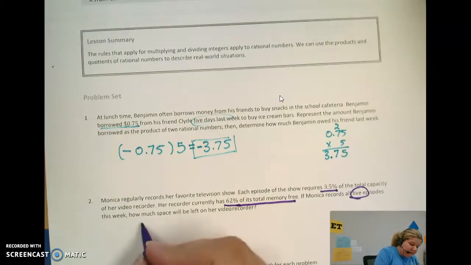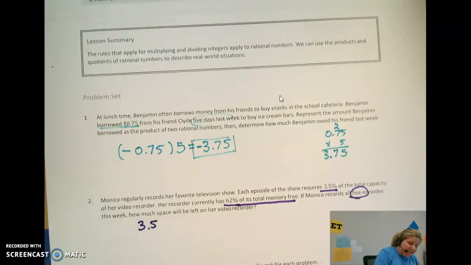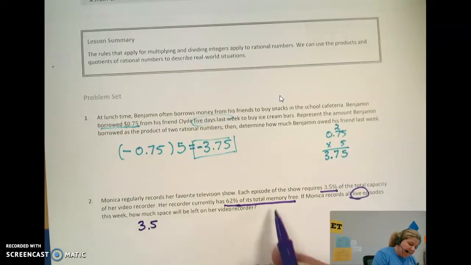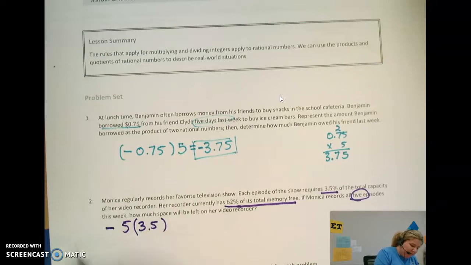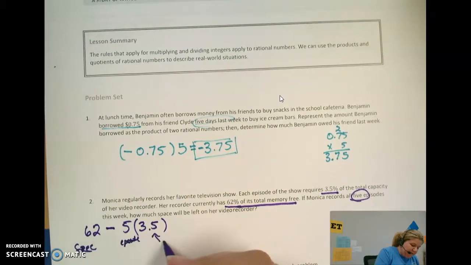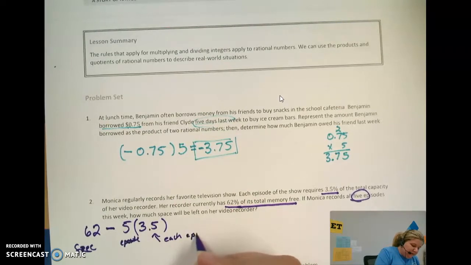Okay, so she has 3.5% for each episode, and she's going to do 5 episodes. We're going to take that total amount away from the 62% she has free. So she has this much free minus 5 episodes, and this is how much each episode will take.